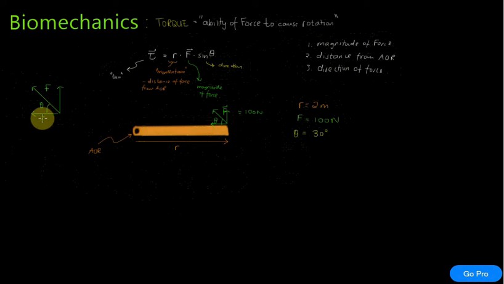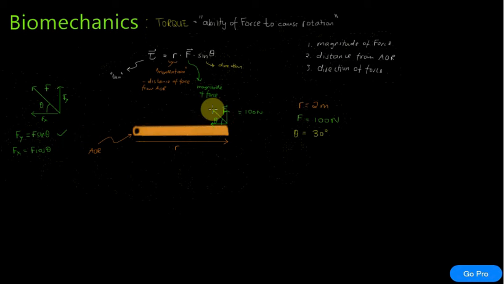So this would be my Fx and this would be my Fy. What we already know from trigonometry is that Fy is equal to F sine theta, and Fx is equal to F cosine theta. It's only this F sine component that's going to cause any rotation in this particular scenario.